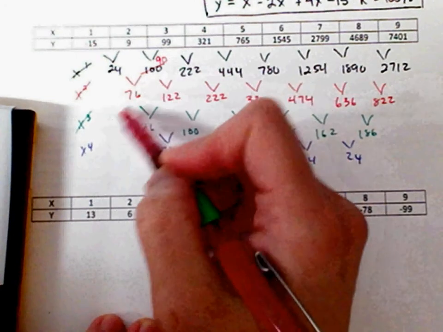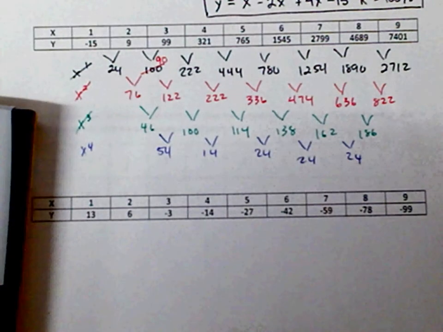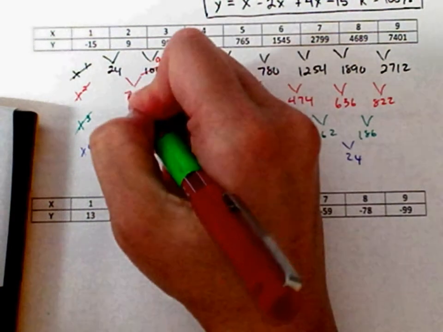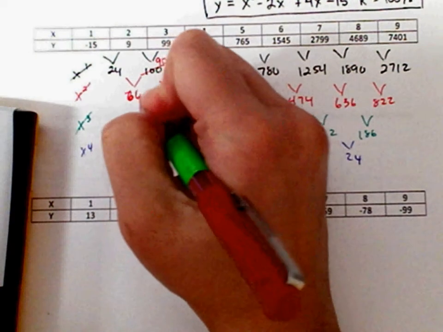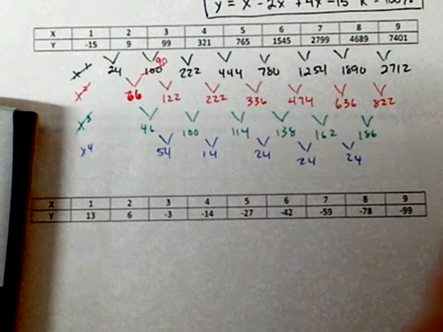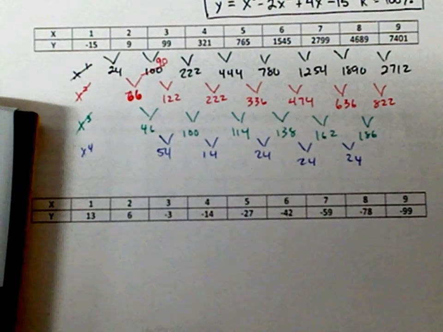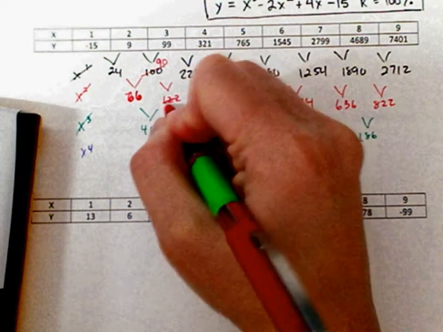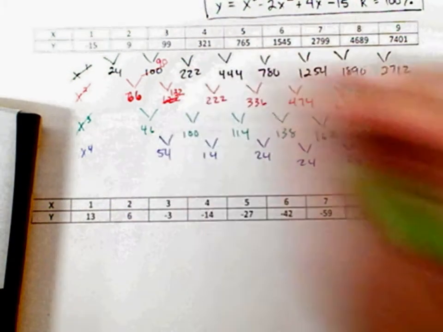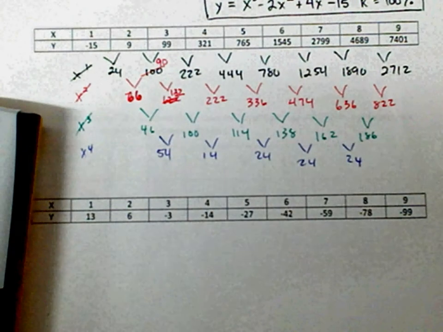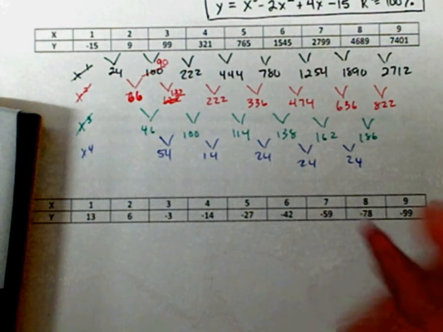And because that's 90, that changes this one. So 90 minus 24. This here should be 66. Okay? And that makes that one 222 minus 90 is 132. Did you guys see how I messed up? So 132 minus 66 is 66. Okay?